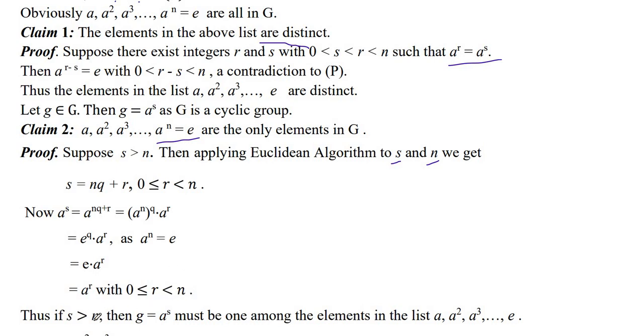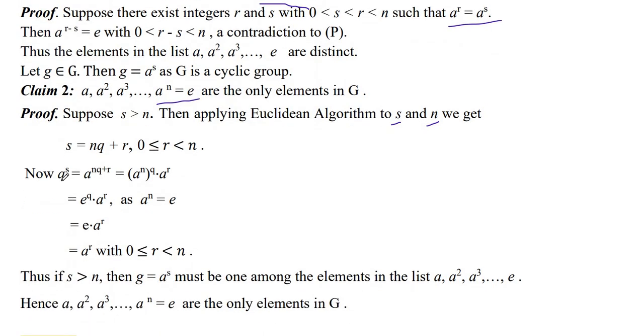So if s is greater than n, you have shown that this a^s is a^r, where r is less than n. So it cannot be any element outside this list. So these are the only elements present in G. Hence a, a squared, and so on are the only elements in G.